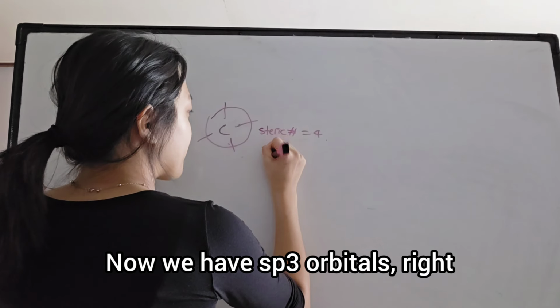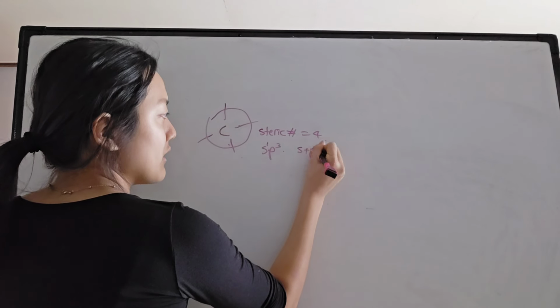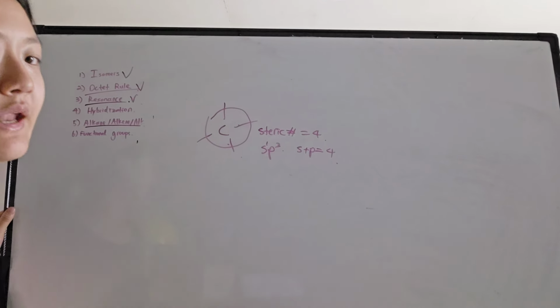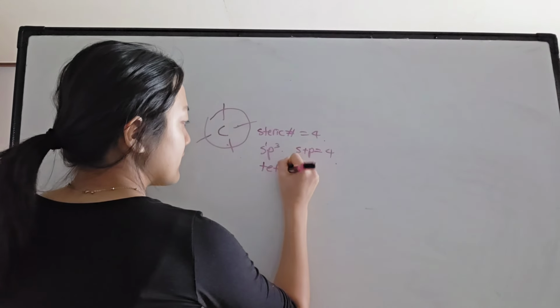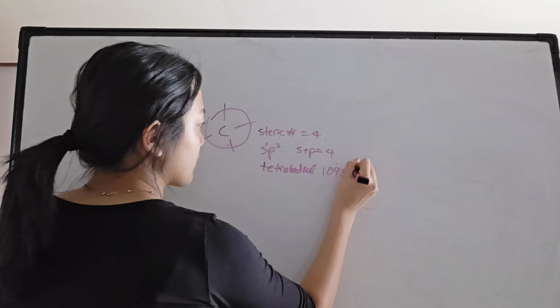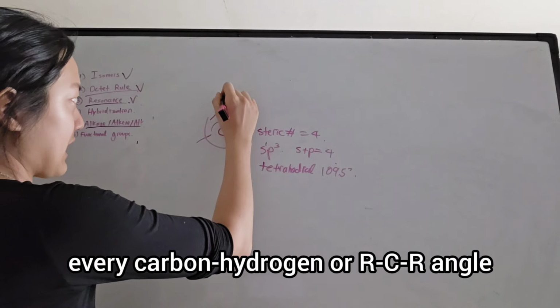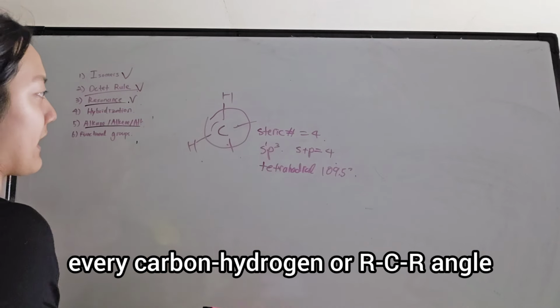Now we have sp3 orbitals, right? And what happens when we add s plus p? We get 4. So this is indicative of an sp3 orbital. And sp3 orbitals are always tetrahedral, meaning that they have a 109.5 degree angle for every hydrogen or RCR angle.